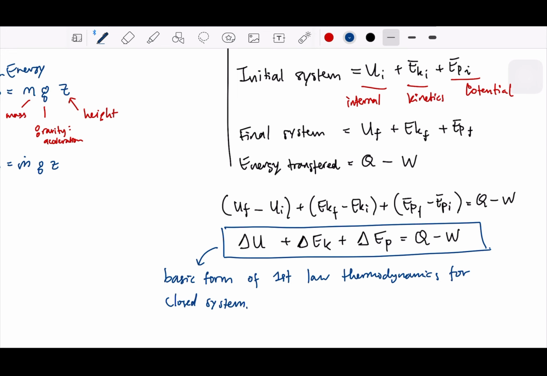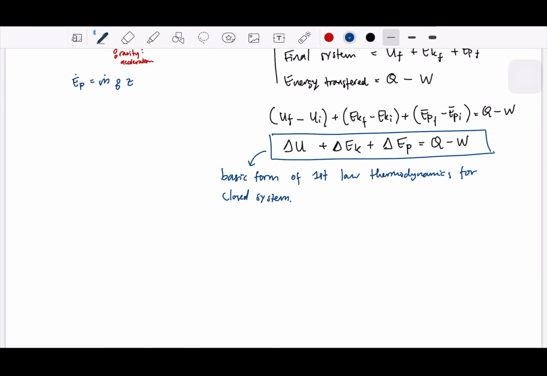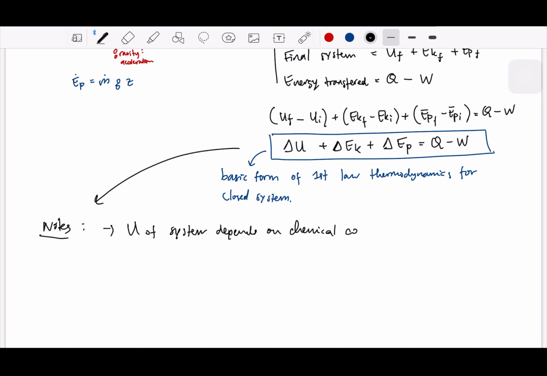Okay. So, for example, let me write some notes: the U, or internal energy of the system, depends on chemical composition and temperature.